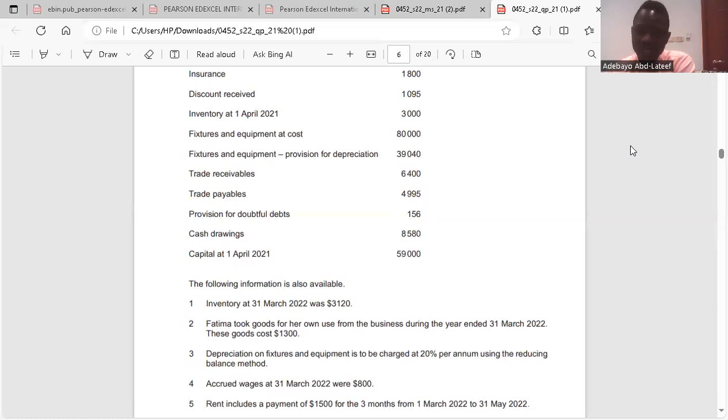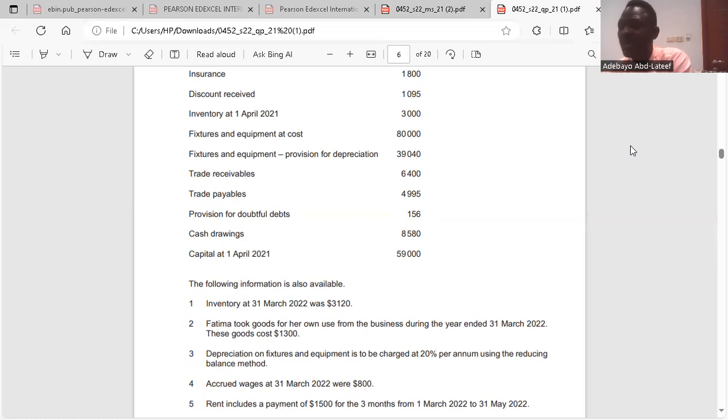Then we go to depreciation on fixtures and equipment. They said depreciation on fixtures and equipment is to be charged at 20% per annum using the reducing balance method. The value of fixtures and equipment is 80,000, and we have provision for depreciation of 39,040. So 80,000 minus 39,040, multiplied by 20%, gives us 8,192.